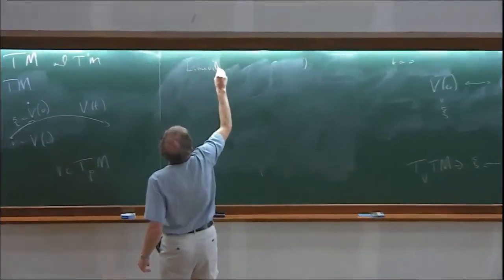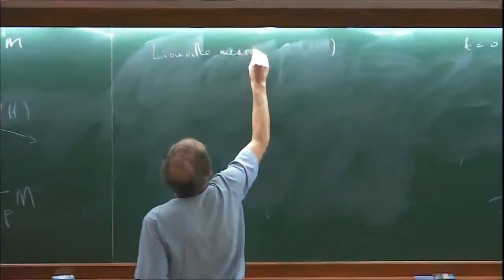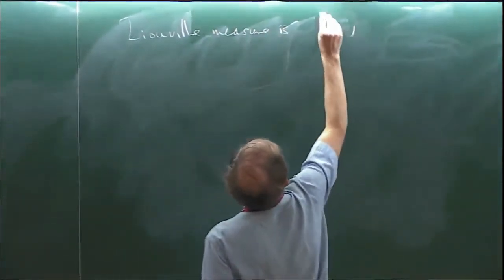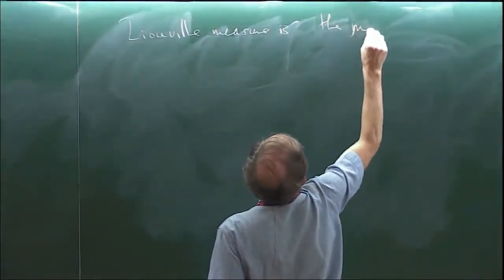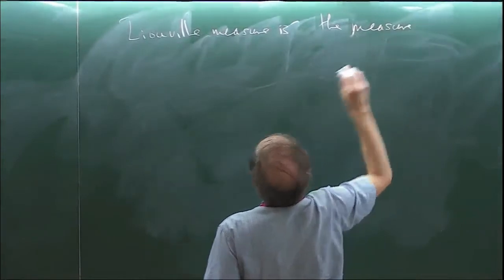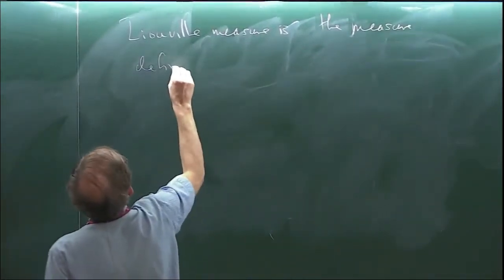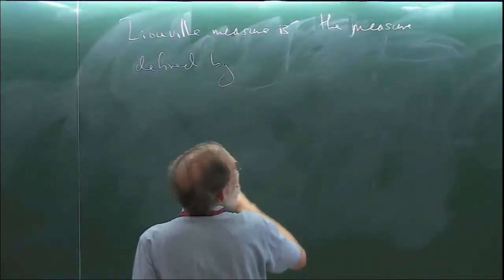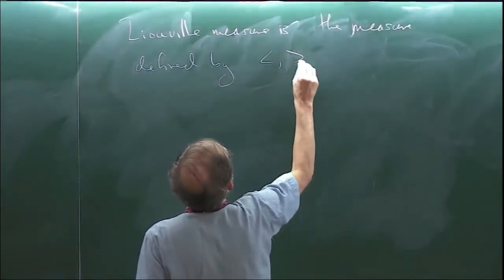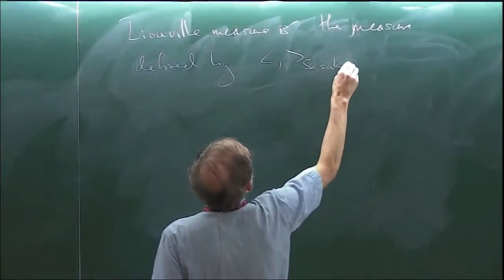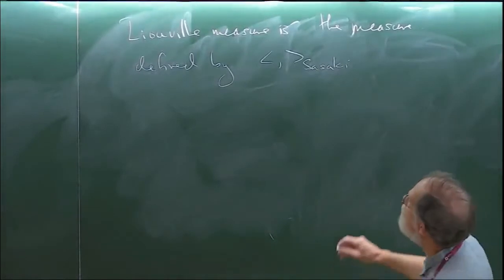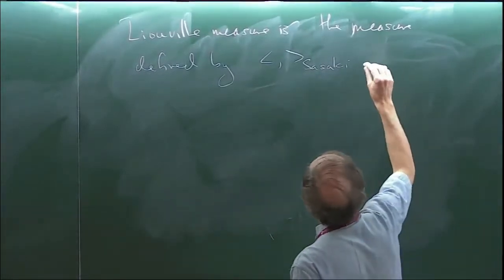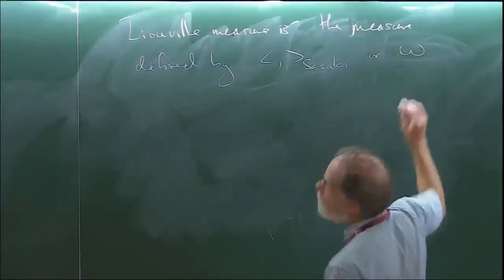our Liouville measure is the natural measure, is the measure defined by, maybe I will write that so it's clear that I'm talking about the Sasaki metric, or by omega.